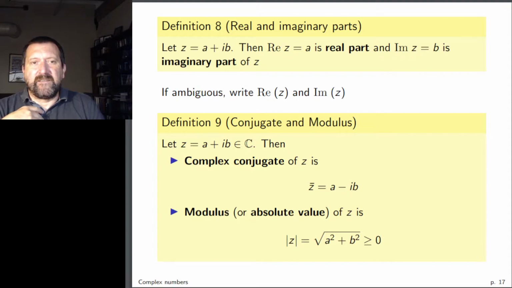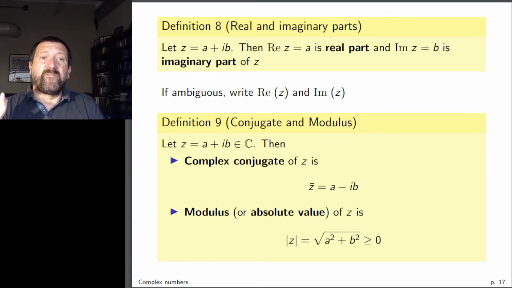As I said a little earlier, if I write a number as z equals a plus ib, what we call the real part of z is the a, and the imaginary part of z is the b, so the number that is prefixed by i. Now, two very important quantities are the complex conjugate and the modulus.